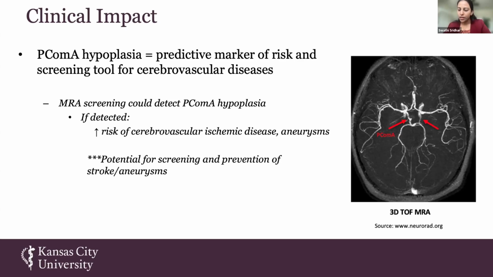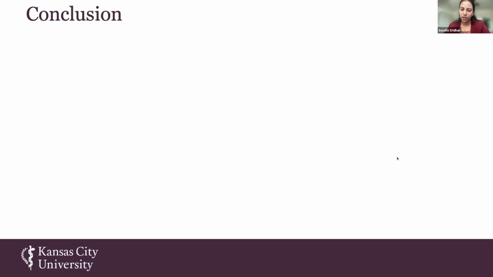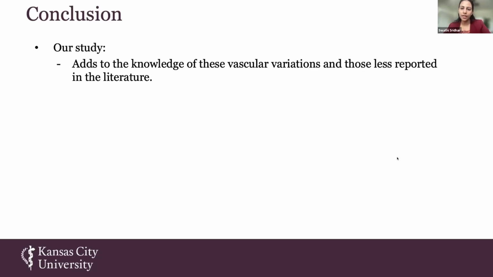One potential impact could also be at the level of public health, by reducing the burden of cerebrovascular disease on healthcare systems and in our society. So our study not only adds to the literature on intracranial arterial variations, but also fills the gap in the literature on the less reported variations, some of which we think could be unique to the Midwestern population.